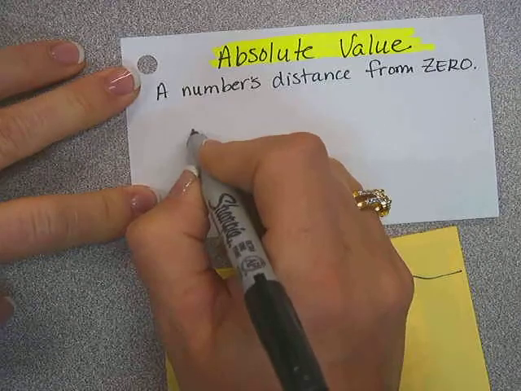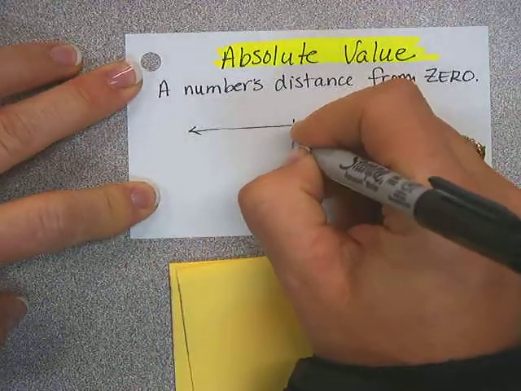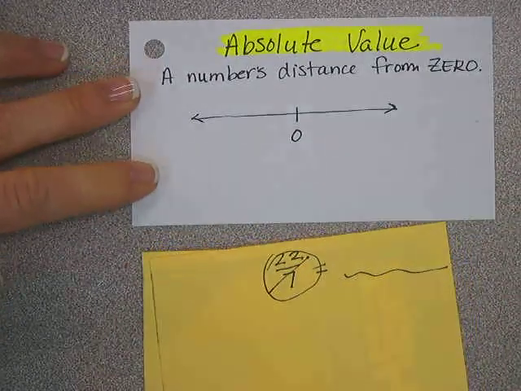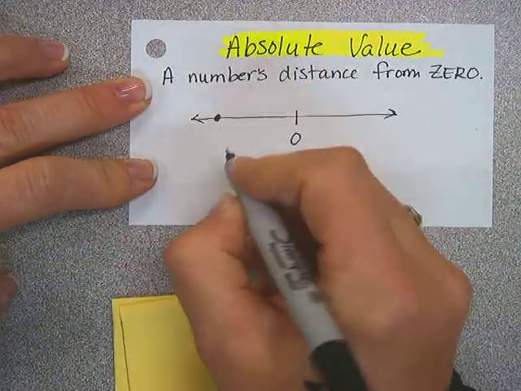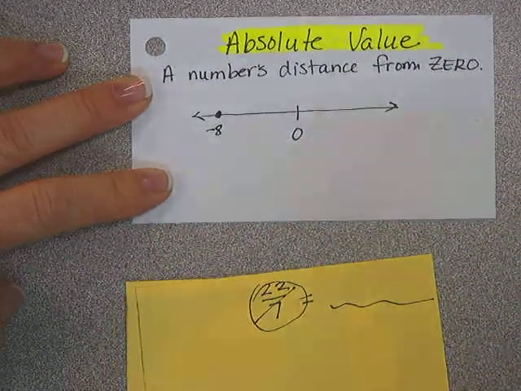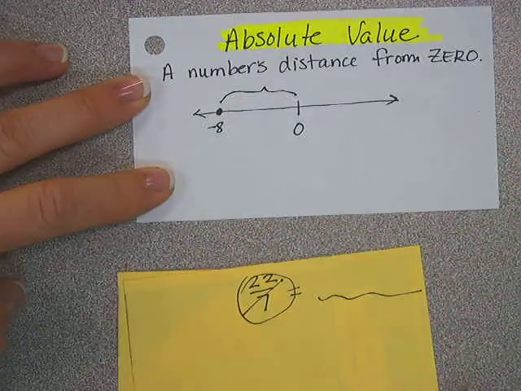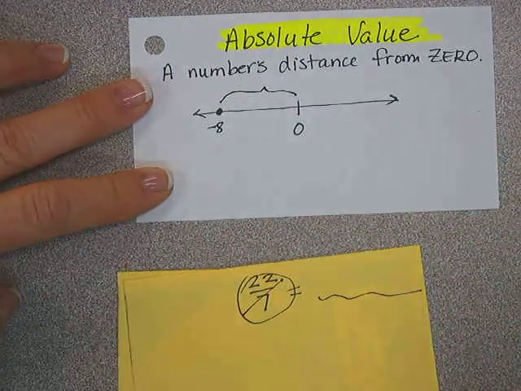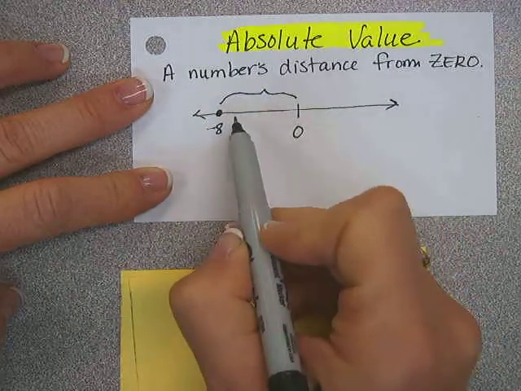Okay, so if you draw a quick number line, and we're going to put 0 in the middle, and let's pick a negative integer. So down here, let's do -8. If we had to measure the distance that -8 is from 0, remember we talked about distance is always positive.